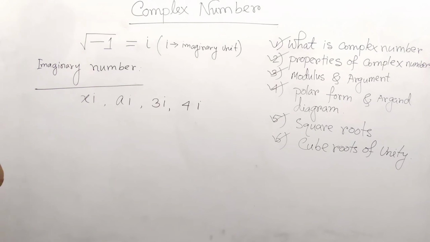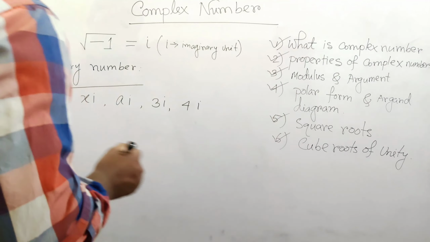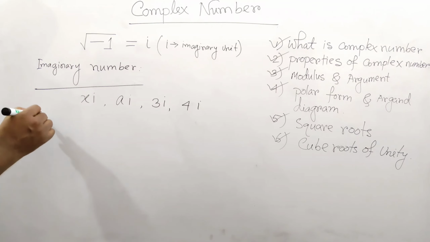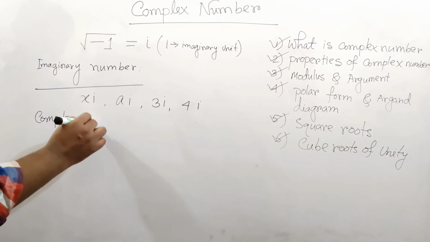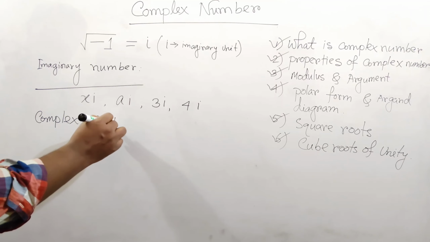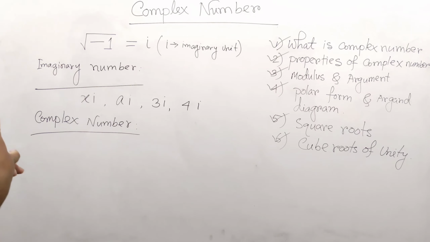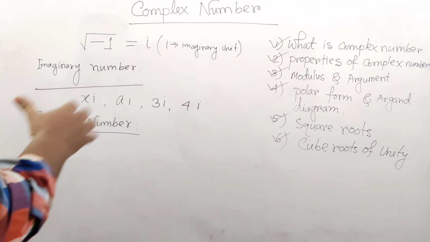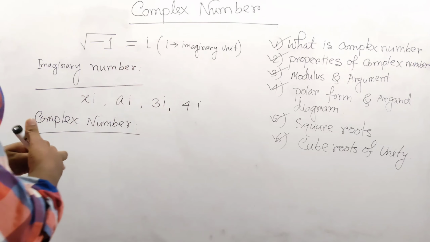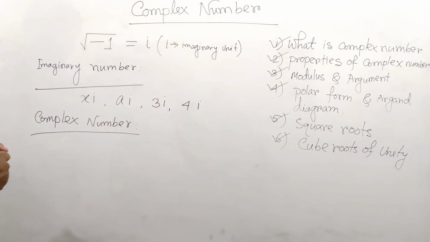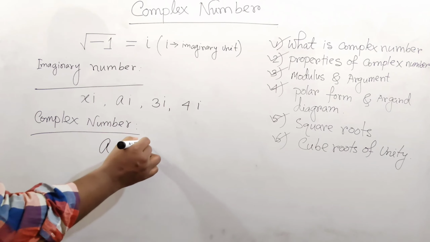Now finally we learn what a complex number is. If the question asks you what a complex number is, a complex number is a plus ib.